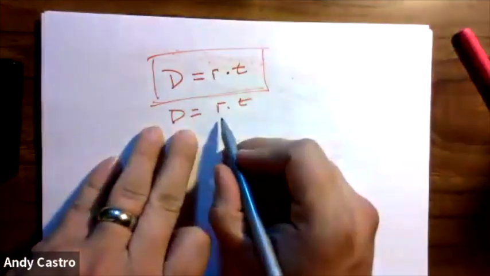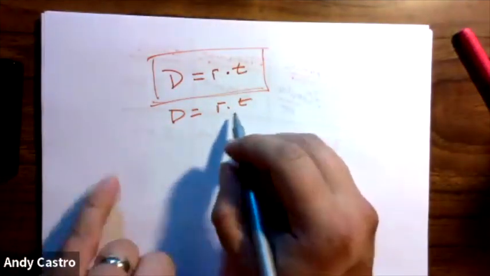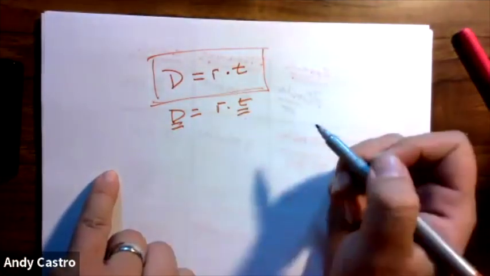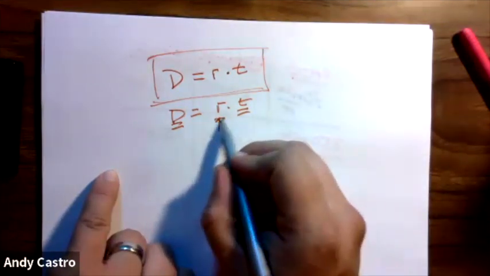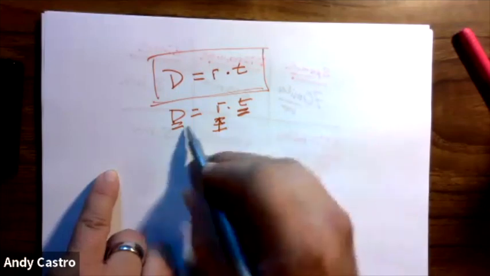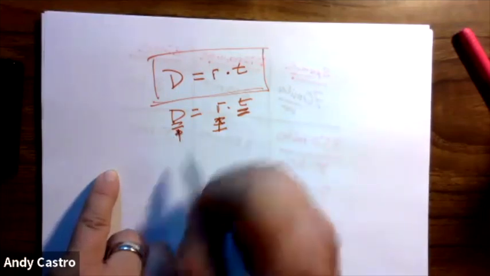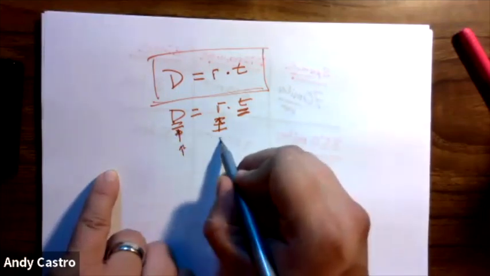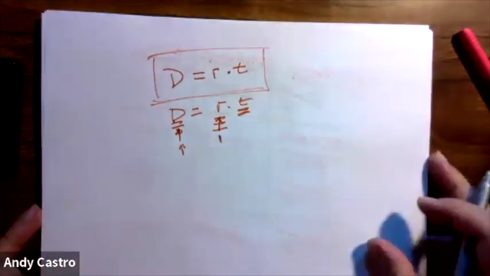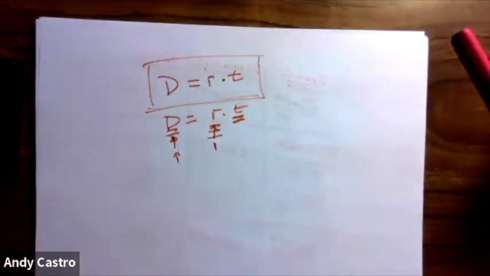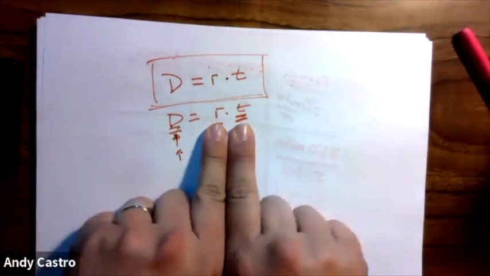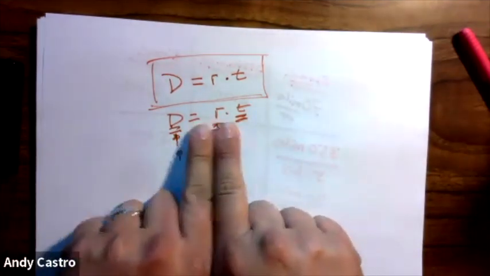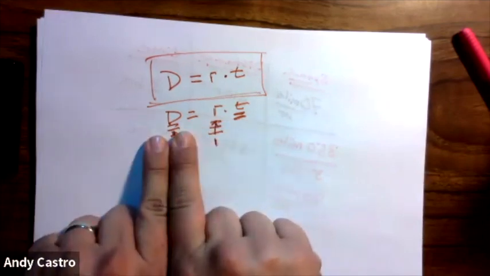And if I know two of these, whether I know distance and time, I can solve for rate. Or if I know rate and time, I can solve for distance. Or if I know distance and rate, I can solve for time. How would I do that? Well, this is a literal equation. So if I know rate and time, I could easily solve for distance.